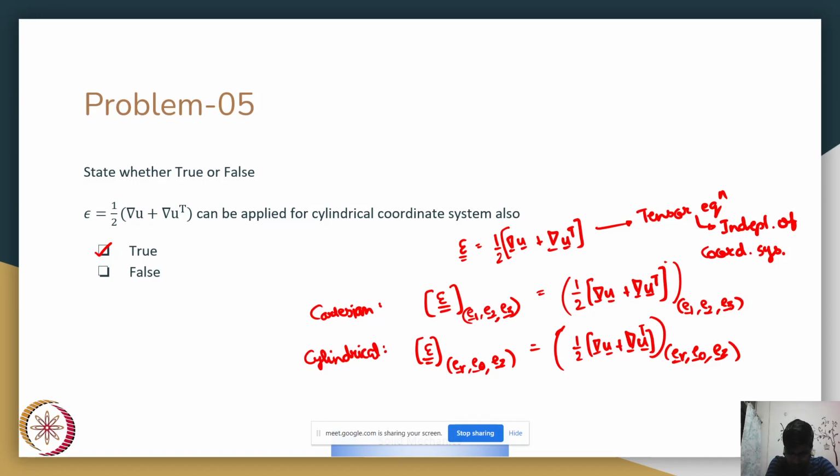Because I am seeing this for the first time. I have seen gradient of some scalar, like potential and gradient of potential. First time I am seeing this gradient applied to a vector.